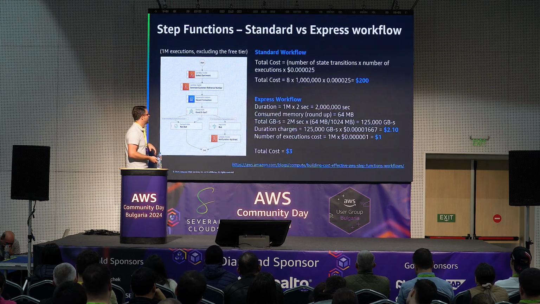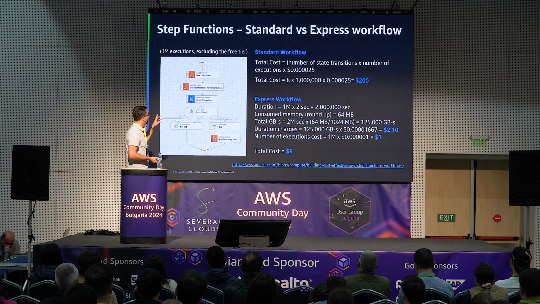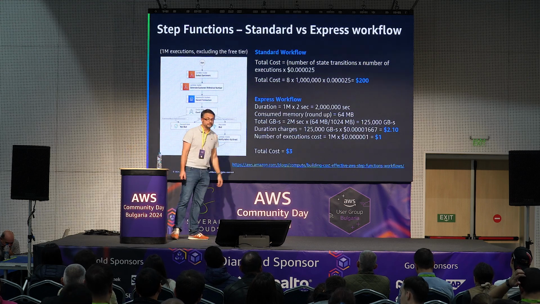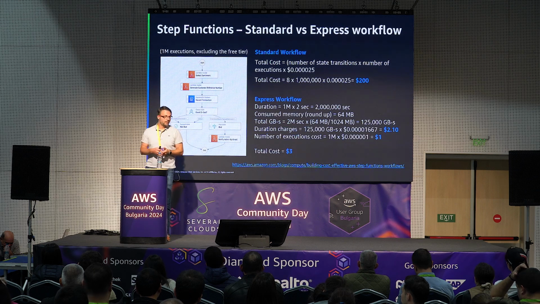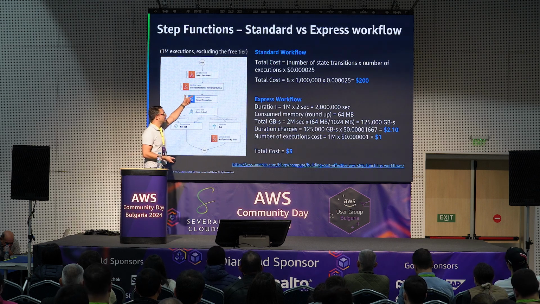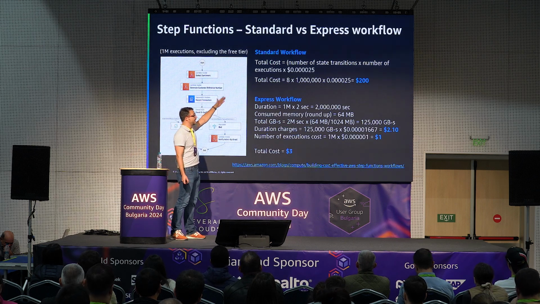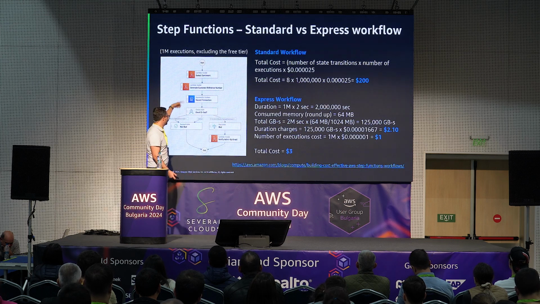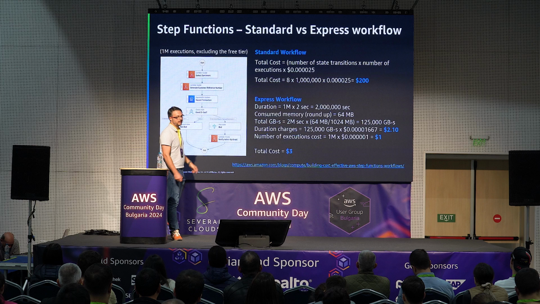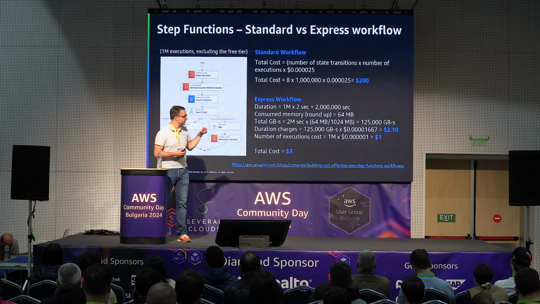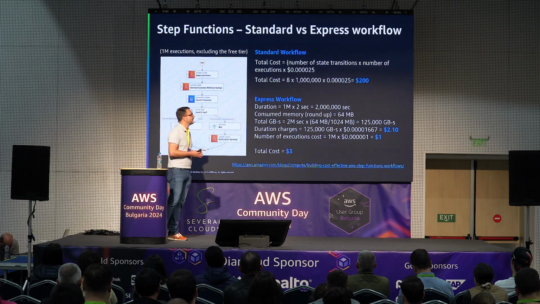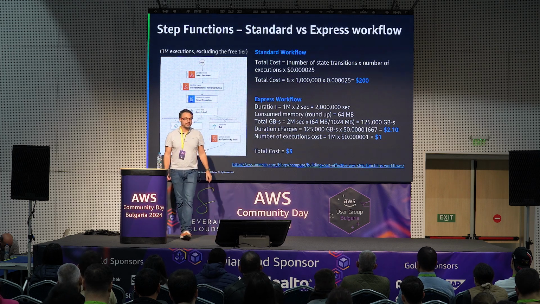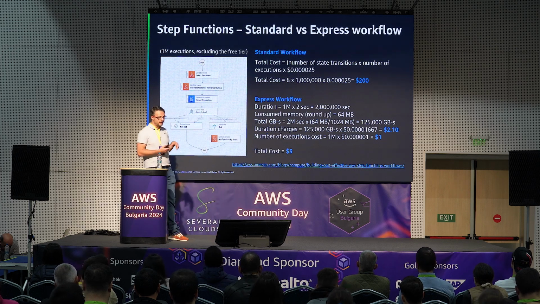Another thing, depending on the model, sometimes you will pay much more for Standard. Again, quite a common example: you have a process and you iterate a lot through different steps. For Standard, you will pay like $200. For the same workflow running as Express, you will pay $3.